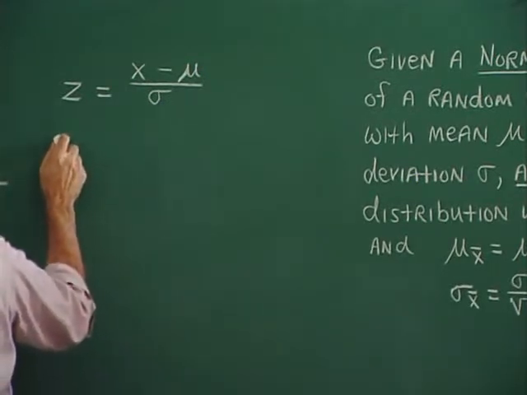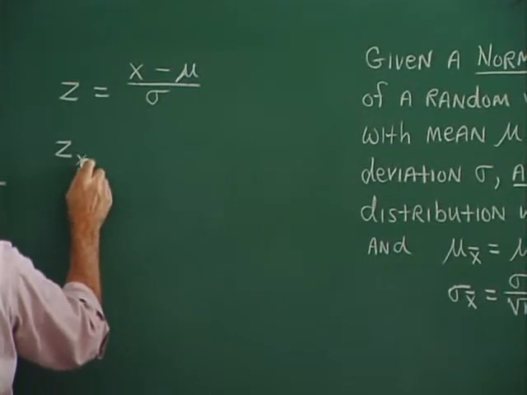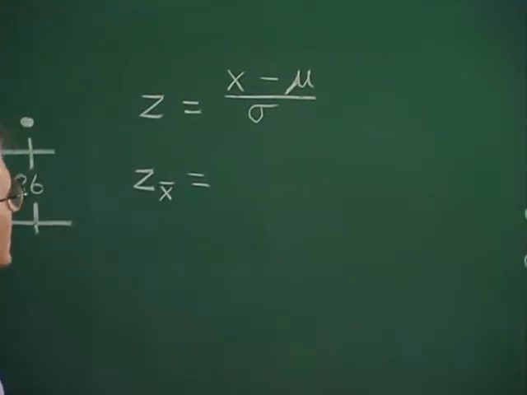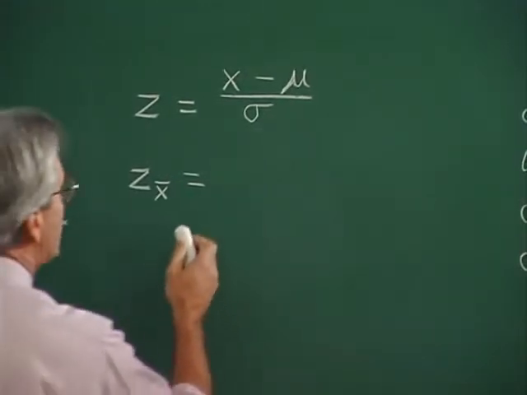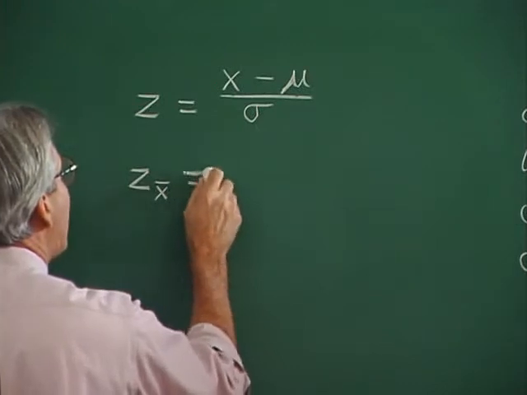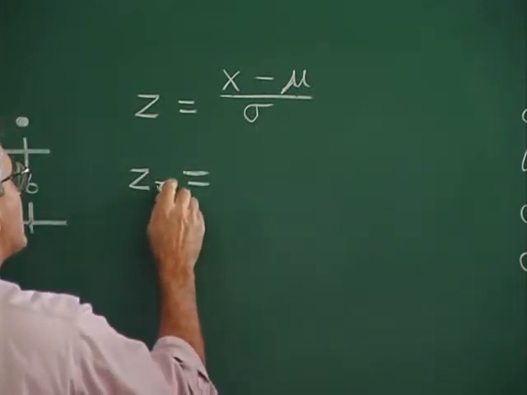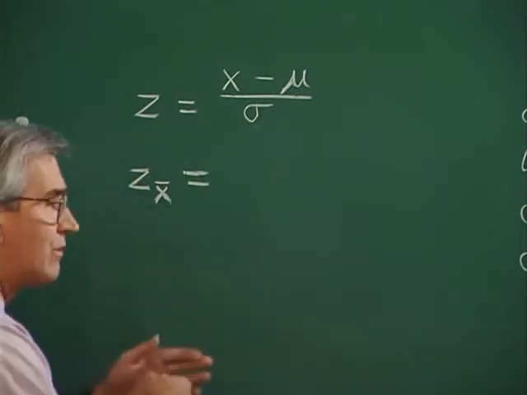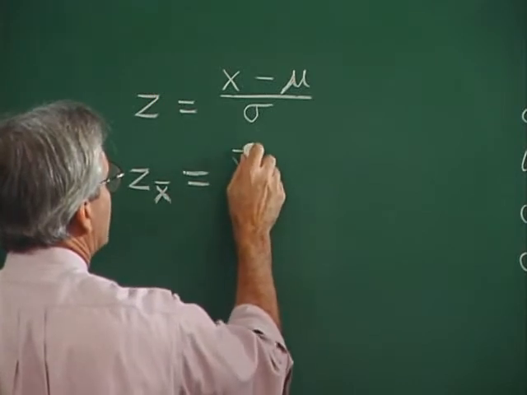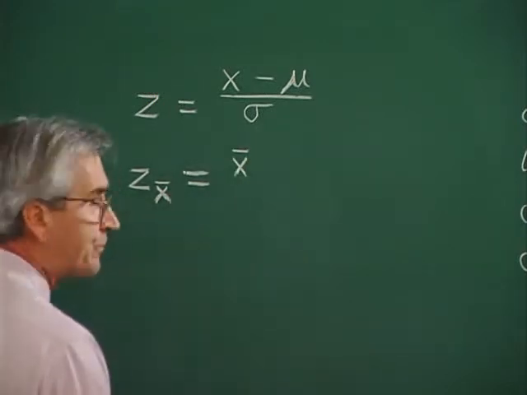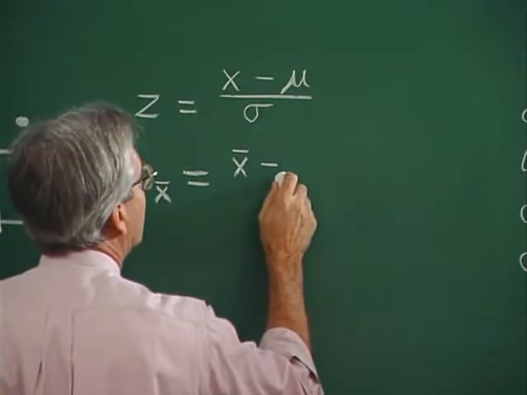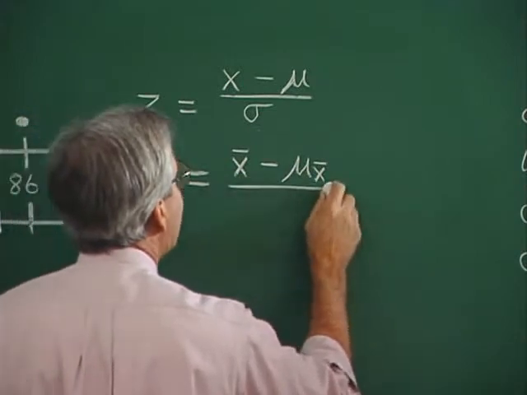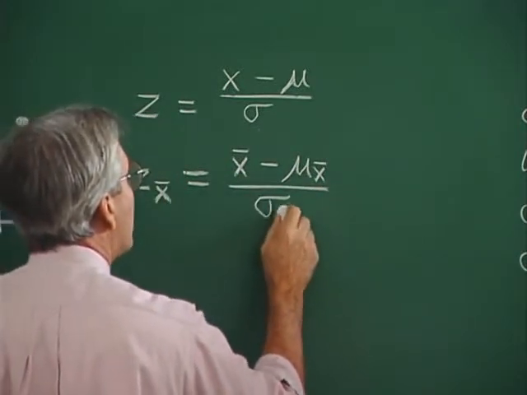Now, a z involved with an x-bar distribution is calculated the same way. Some of the notation changes a little bit. If we're talking about an x-bar distribution, then instead of x values, it's an x-bar value, just a mean value. And we're subtracting the mu associated with the x-bar distribution, and dividing by the standard deviation for the x-bar distribution.